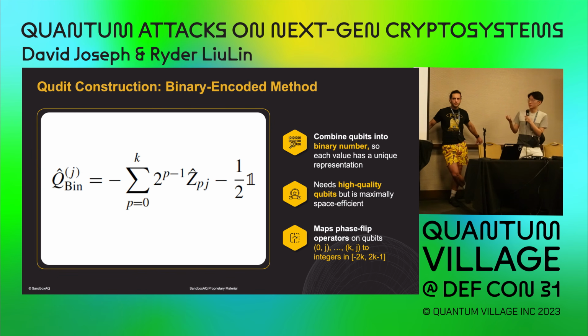We need high quality qubits because if a single bit is flipped, it completely changes the number, right? And here we can map the phase flip operators onto these qubits, and then we get integers from -2^k to 2^k minus 1. That's not super important, but again, this is just explaining in words what's going on in this big equation here.